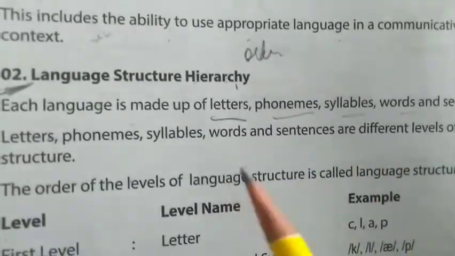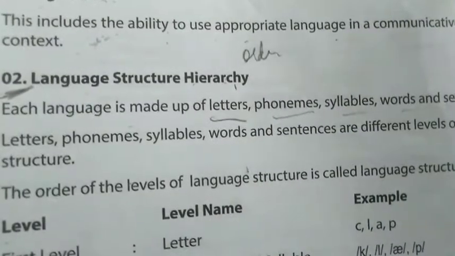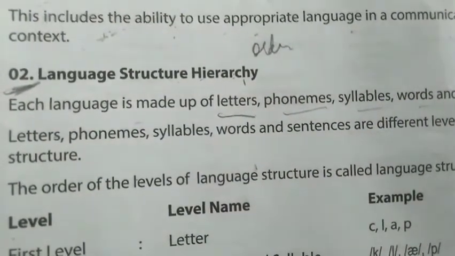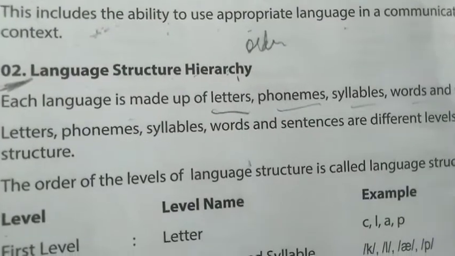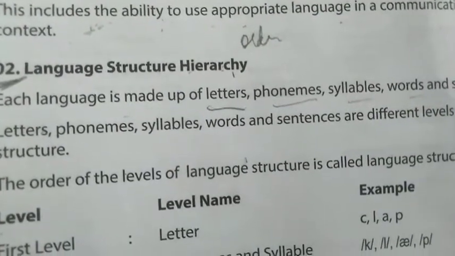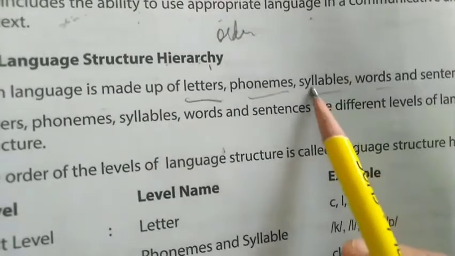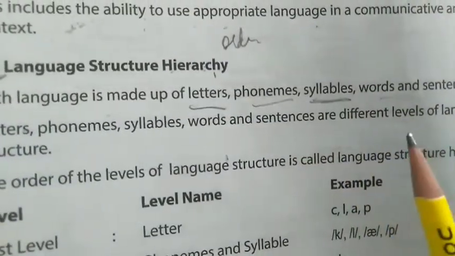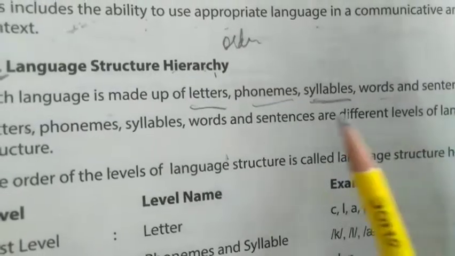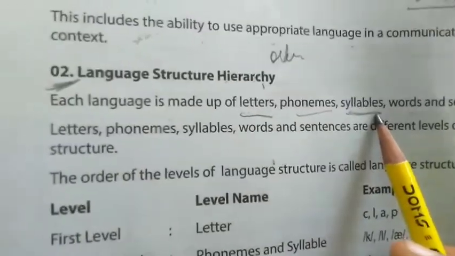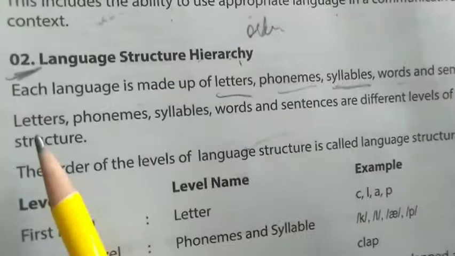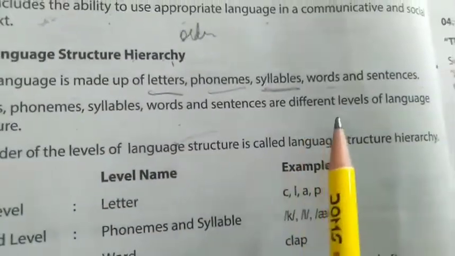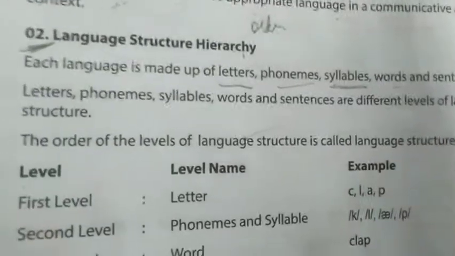We all know that language is compiled of what? Language consists of letters. So many letters together makes words, and words give us sentences. Now we have syllables also. Syllables means those words with vowel sound of more than 1 or 2 vowels in the word. So here letters, phonemes, syllables, words and sentences are different levels of language structure.